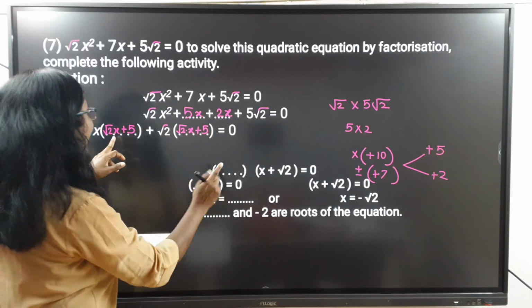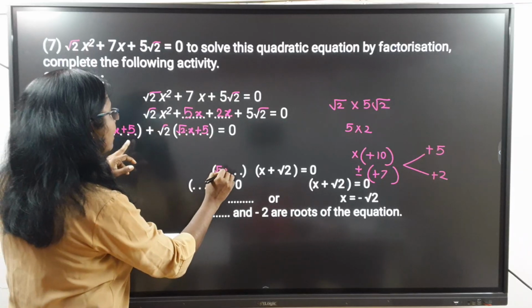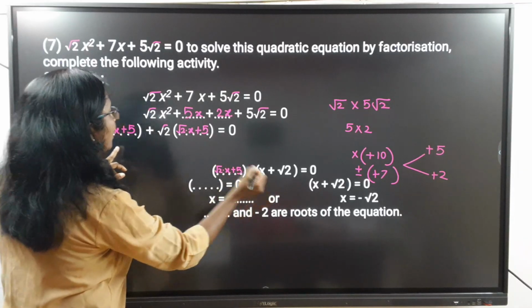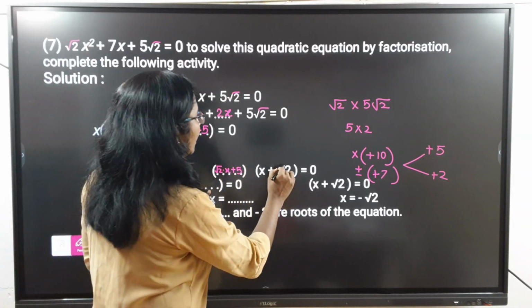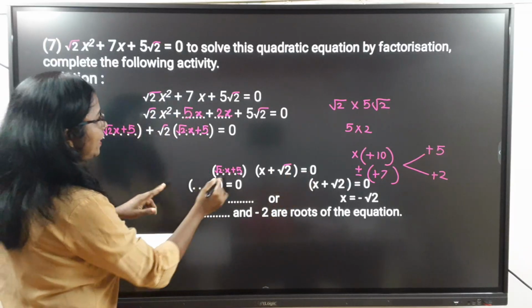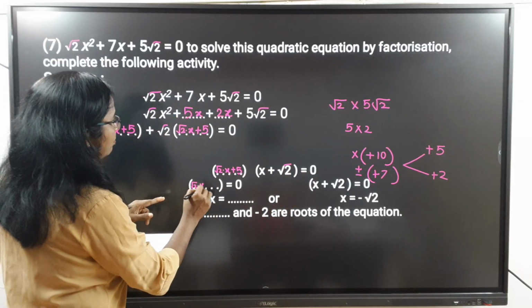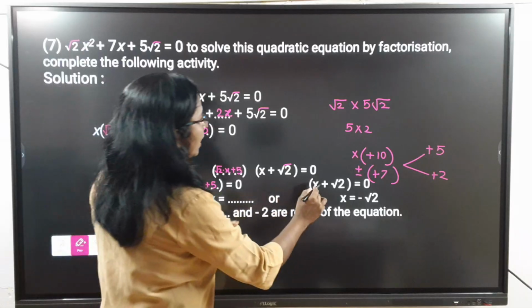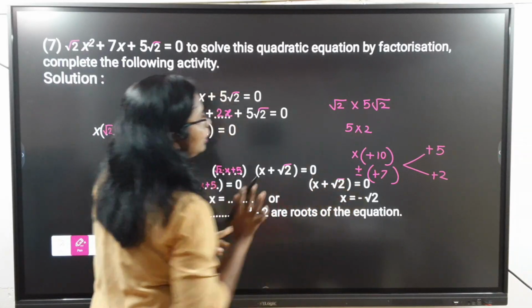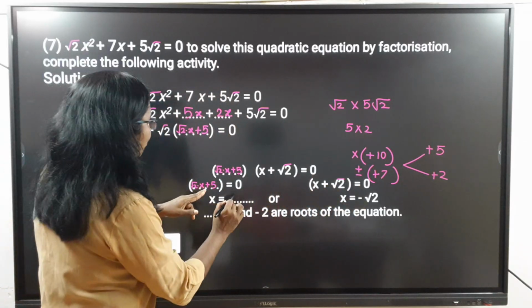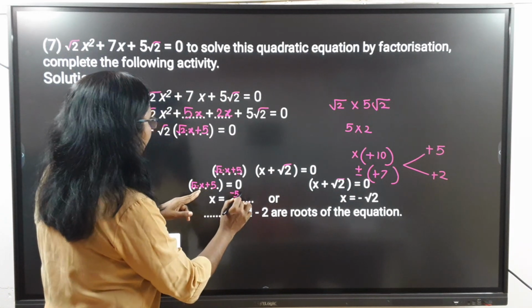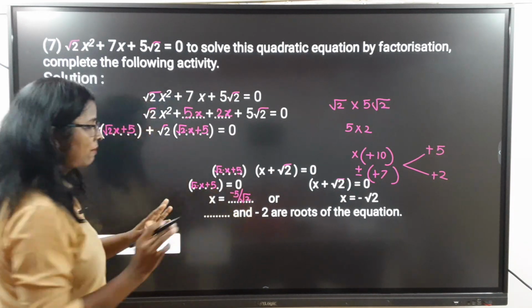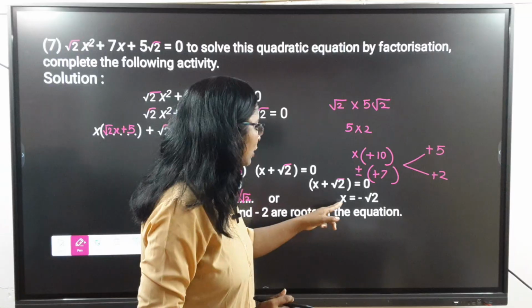In the first bracket we write root 2x plus 5, and in the second bracket the remaining terms x plus root 2 is equal to 0. Therefore root 2x plus 5 is equal to 0, or x plus root 2 is equal to 0. So x is equal to minus 5 upon root 2, and x is equal to minus root 2.